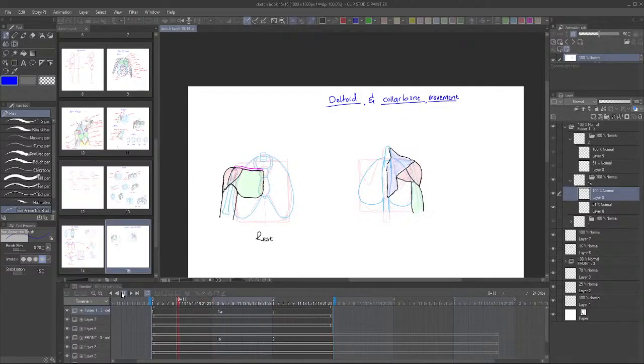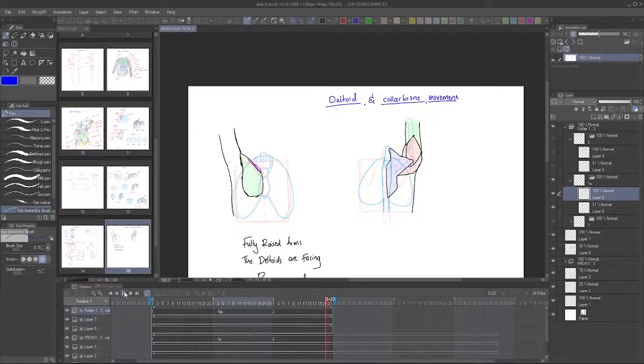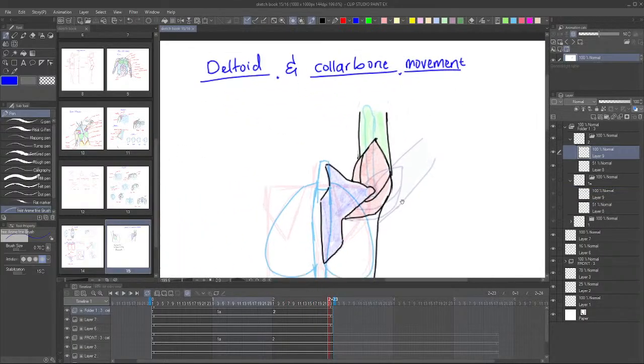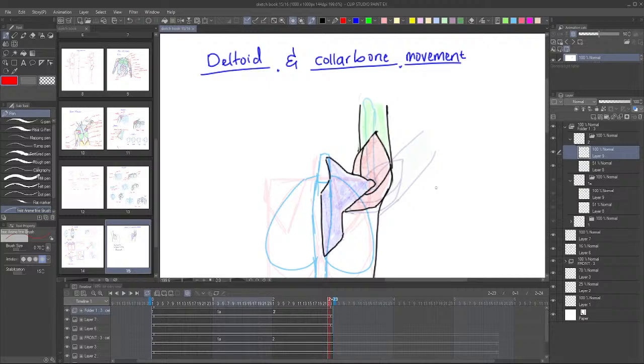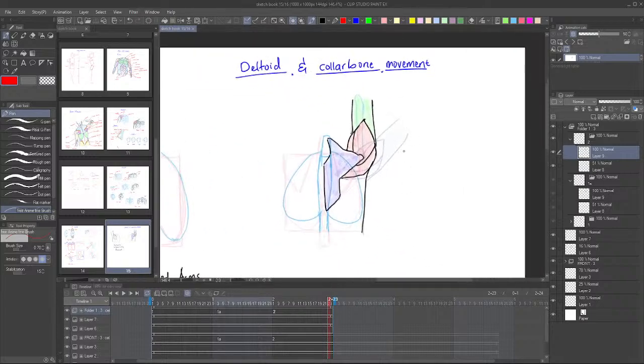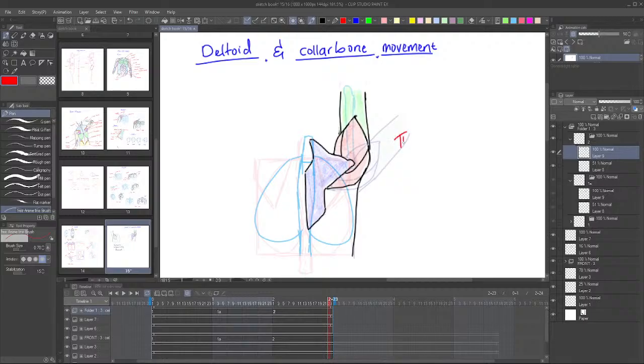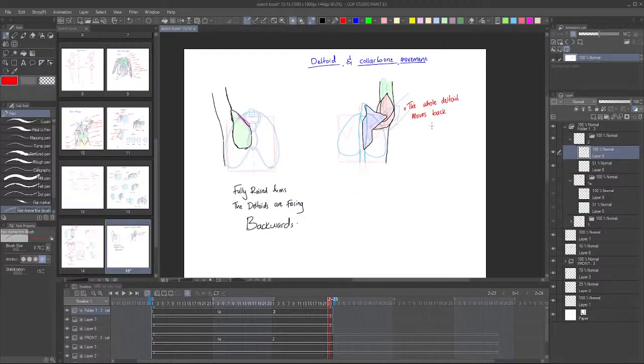Alright. Since you guys need direction, I'll just indicate here in case you'll need this PDF later. So the whole deltoid muscle moves back, okay?